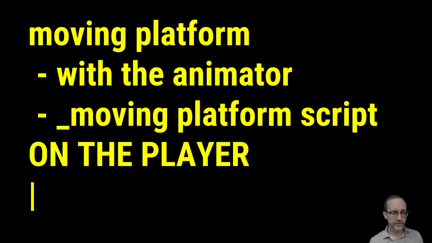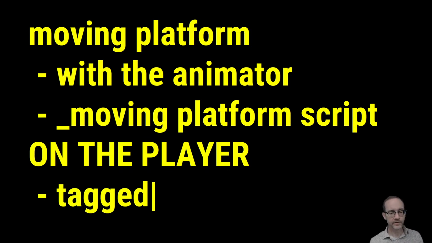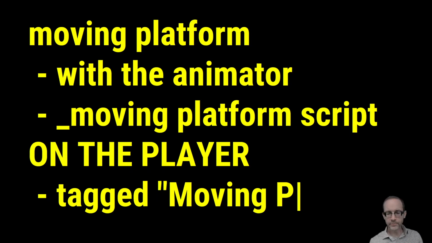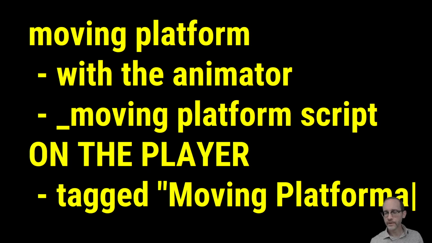And then the only other part of the system is that any moving platform needs to be tagged with moving, I think it's capital M. Whatever the tag is that is already in there, moving platform. That's what the system is looking for, and it needs to be that. So those are the main things that need to happen there.